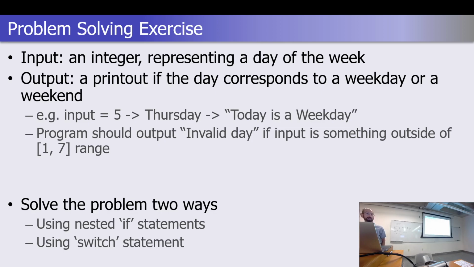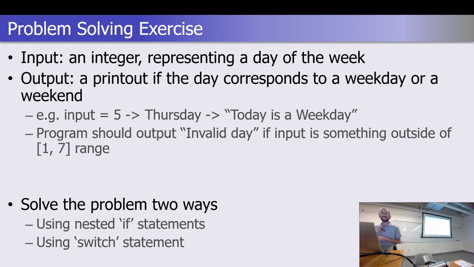So if the input is 5, we would assume that's Thursday: Sunday, Monday, Tuesday, Wednesday, Thursday. That sounds good to me. And today is a weekday is what the program should print out. And it should output invalid day if the input is something outside of that range 1 to 7. So 0 is invalid, -46 would be invalid, and the program should just output invalid day if the input is something outside of that range.